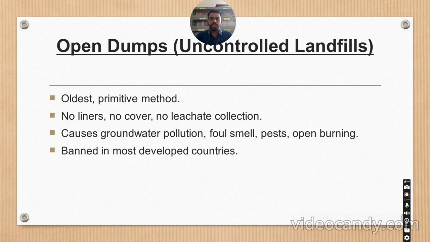Groundwater pollution may occur, foul smell is raised, and open burning happens. Toxic gas may be released. In most developing countries this type of open dump is used, but it is banned in developed countries.